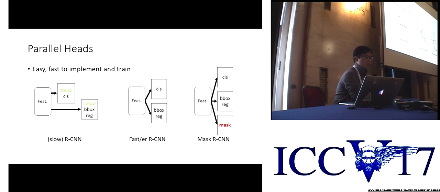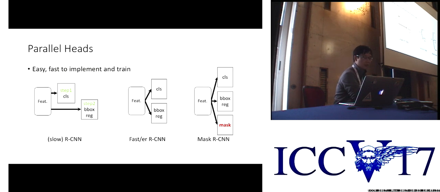So if we go back to a few years ago, let's think of how we go from Slow R-CNN to Fast R-CNN. There are many innovations in the Fast R-CNN system, but in my opinion, one of the most important ones is that it combines the task of classification and bounding box regression into a multitask loss problem.